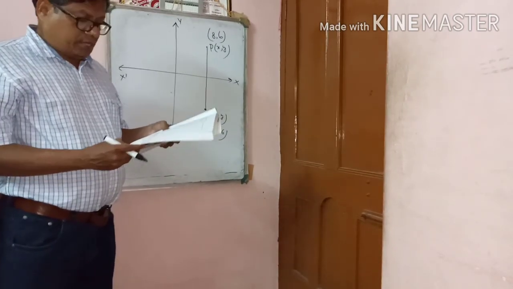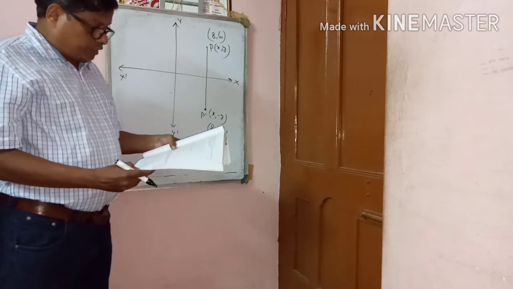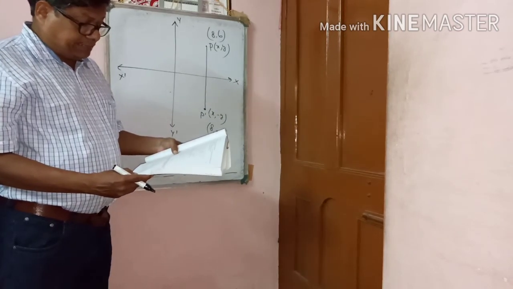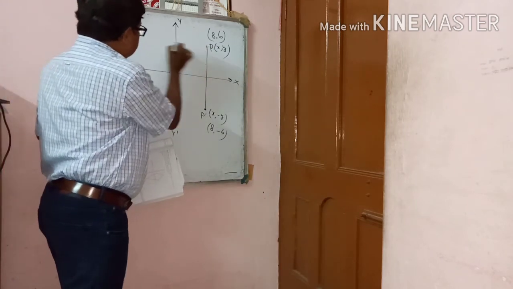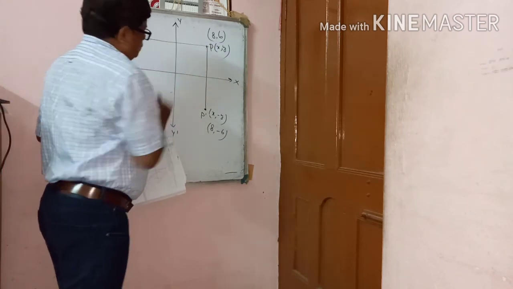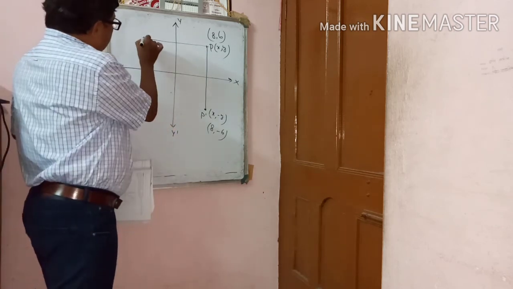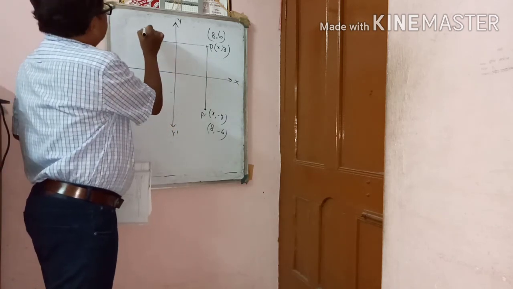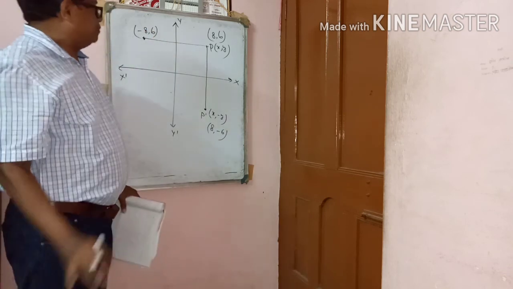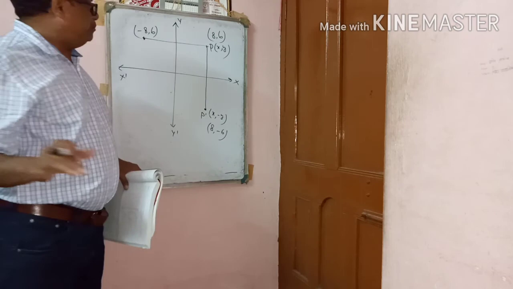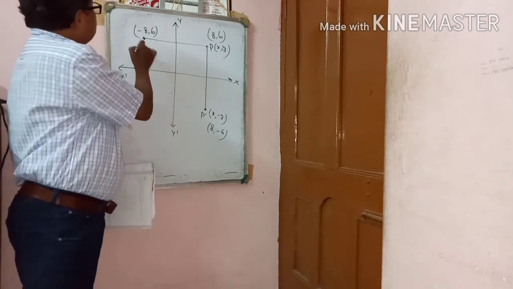Understood? And the coordinates of the image of P under reflection in the y-axis: for the y-axis, this coordinate will be (minus 8, 6). So you will get a new coordinate, suppose P double dash.